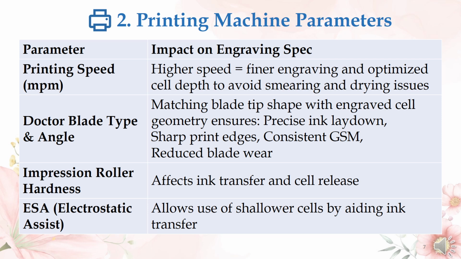Matching blade tip shape with engraved cell geometry ensures precise ink laydown, sharp print edges, consistent GSM, and reduced blade wear. Impression roller hardness affects ink transfer and cell release. Electrostatic assist allows use of shallower cells by aiding ink transfer.